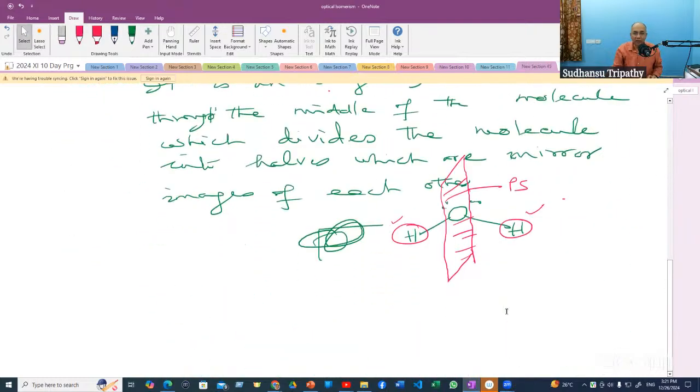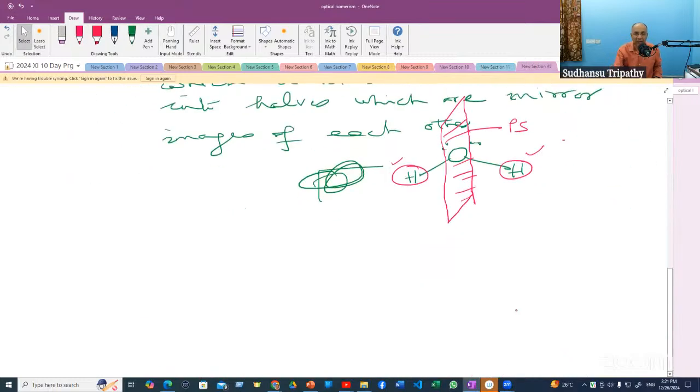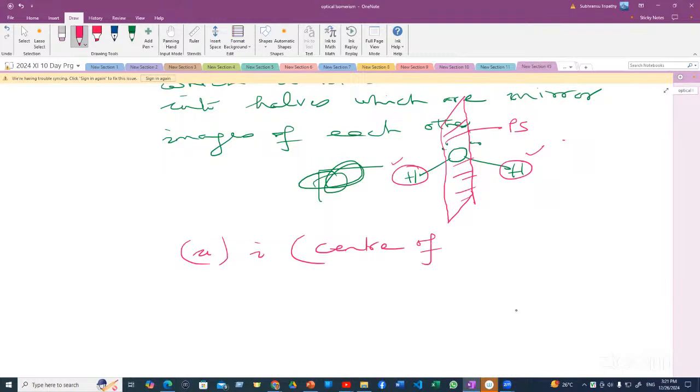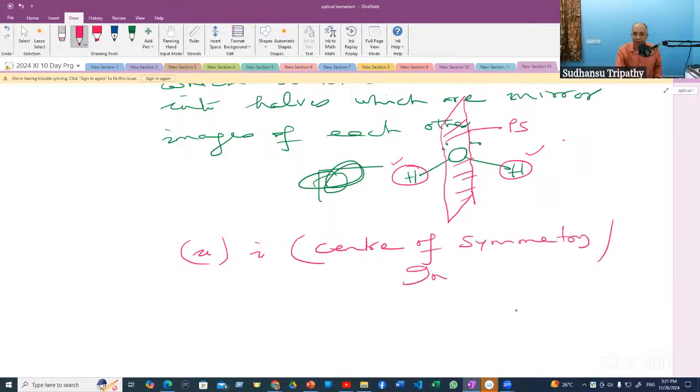And the second one I will introduce: the absence of one is sigma, two is i. What is i? Sir, inversion center. Oh yeah, many people call it inversion center. Let me define it once and for all.